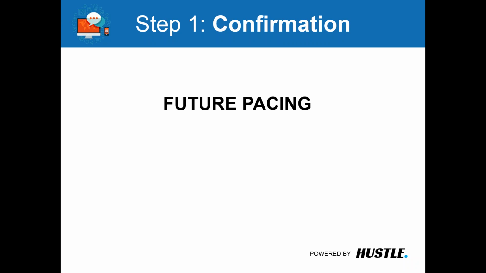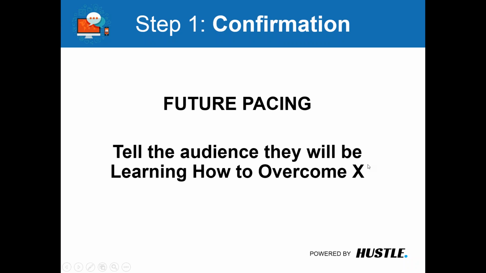So similarly, use that in your email sequence and also in your webinar presentation. Tell the audience they will be learning how to overcome X. It could be a skepticism, it could be a goal, whatever they're trying to achieve.